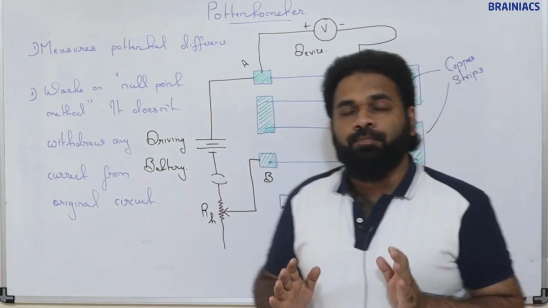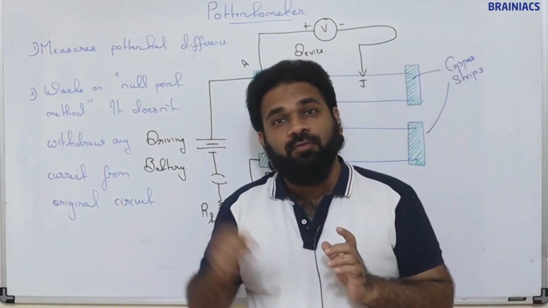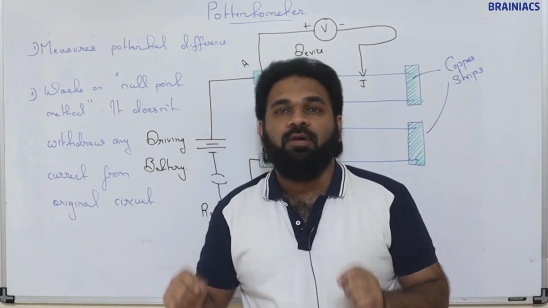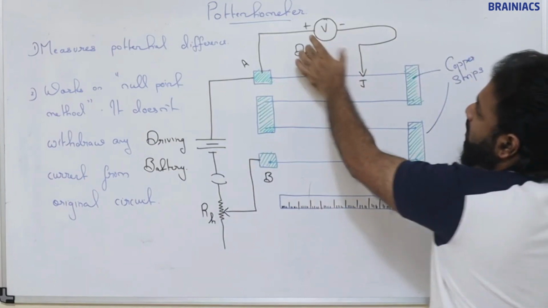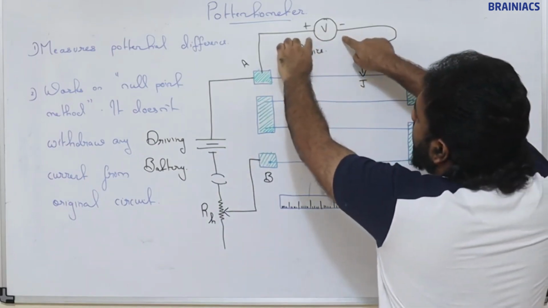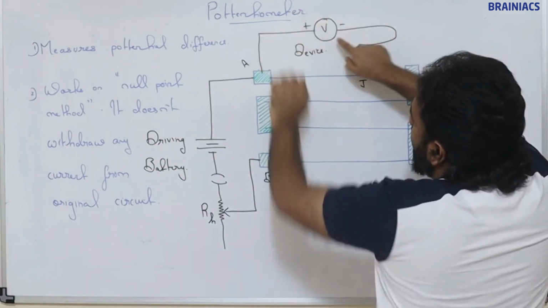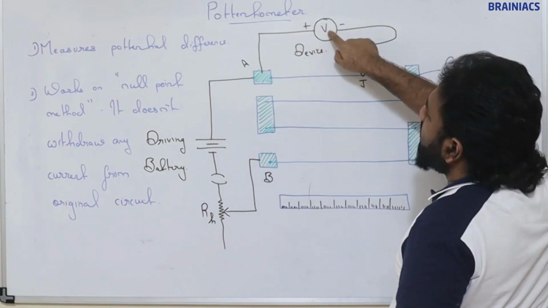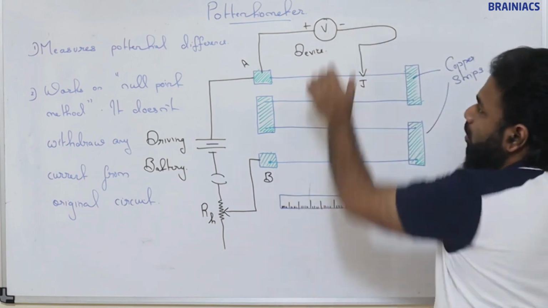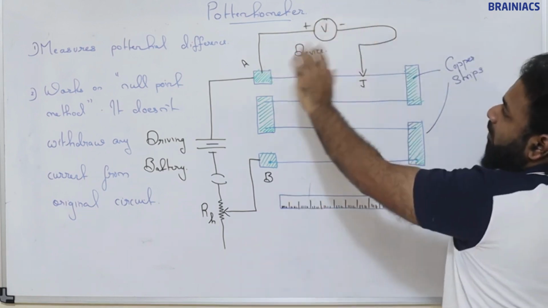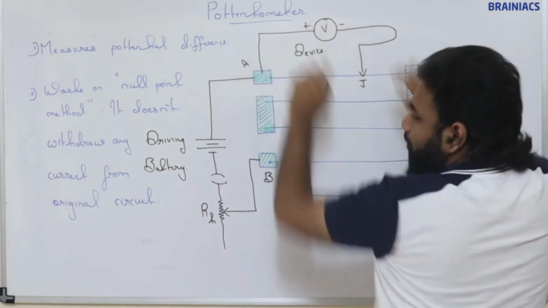The device or part of the circuit whose voltage we need to measure will be connected like this. Suppose this is a device whose voltage we are going to measure. This could be a resistance, this could be a battery, whatever it may be. This is the external circuitry.